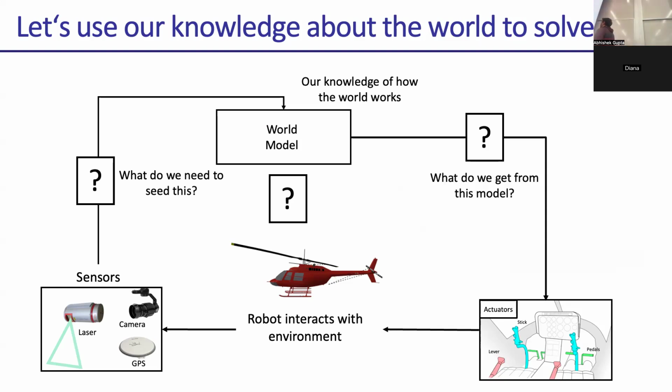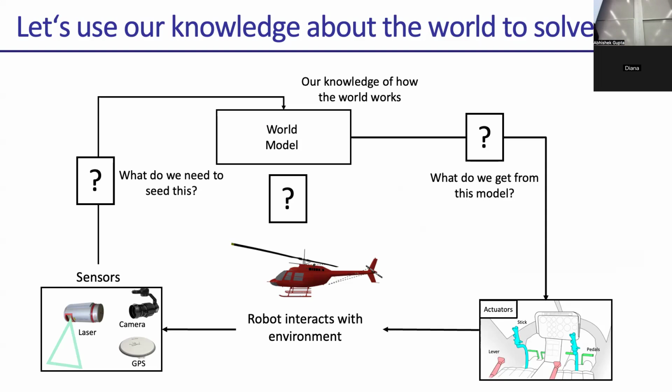And then the last bit is once you have your world model and you know where you are, you have to make decisions in that world. Right? So the world model just tells you how the world works. It doesn't tell you how to make decisions in that system. So how the world works says if you're at a state and you take an action, you get to some new state.